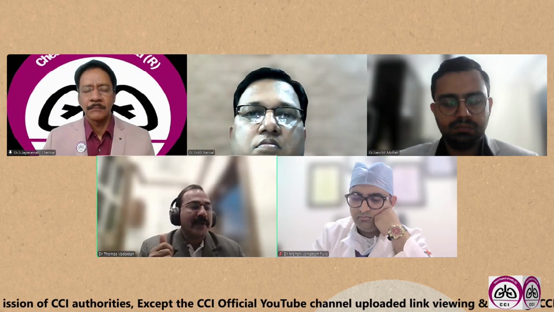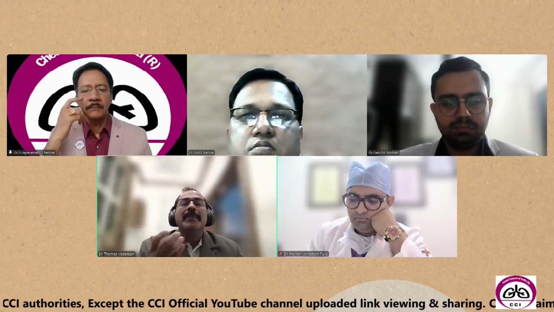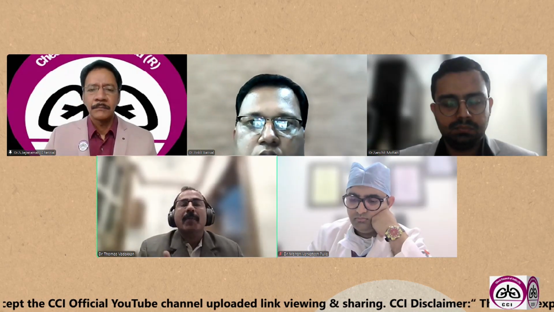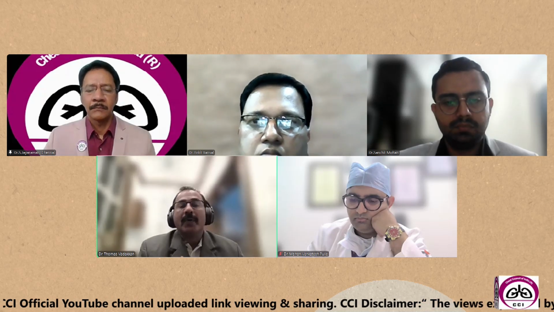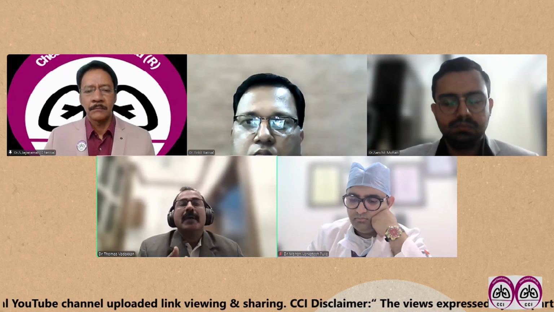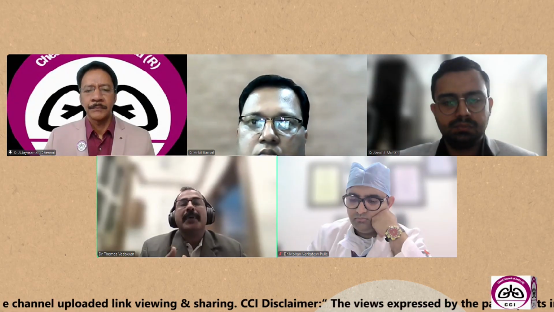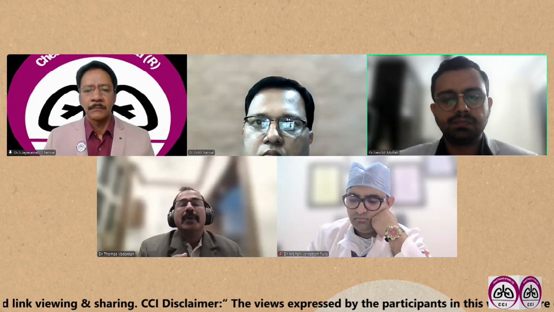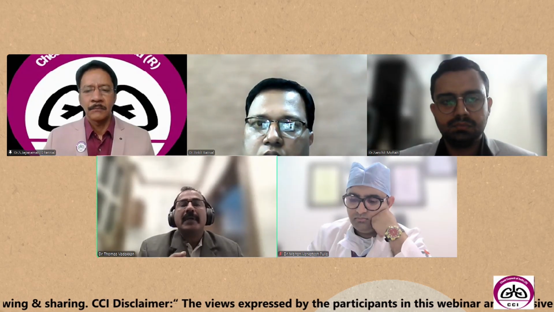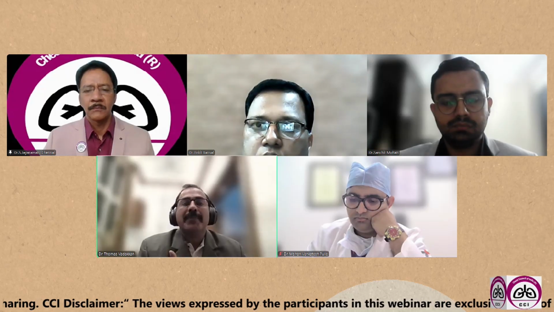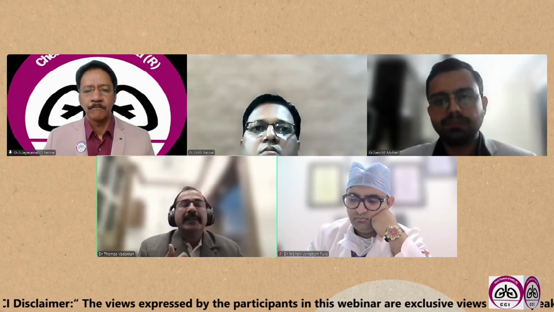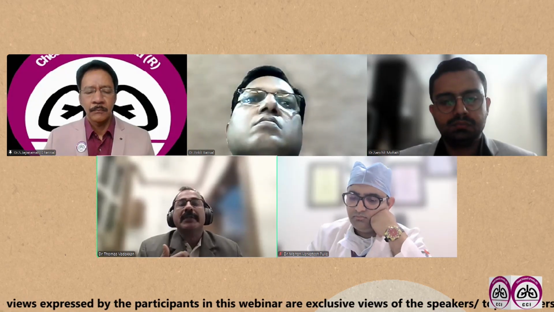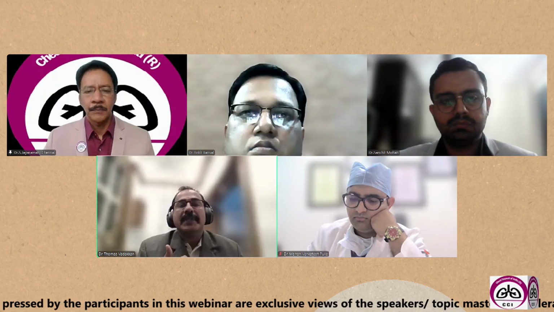And though EBUS is a diagnostic tool, it is now coming onto the platform of theranostic bronchoscopy procedures, because many case reports are coming up in the treatment modality, like introduction of a drug into the node and placing markers for radiotherapy. So I think EBUS is evolving. Many future directions are there to improve its limitations.